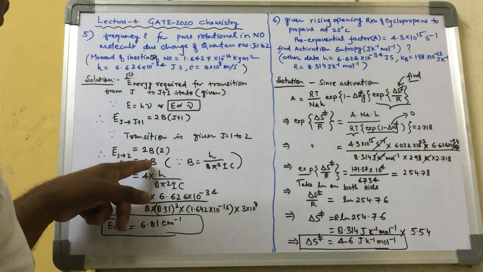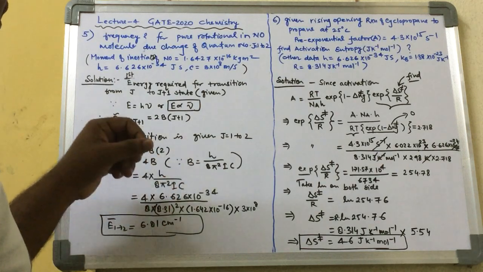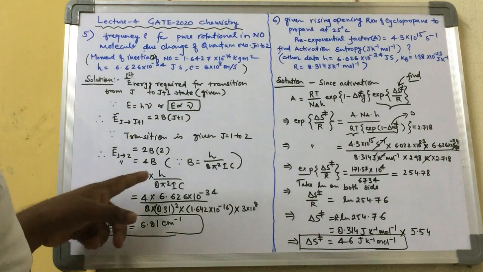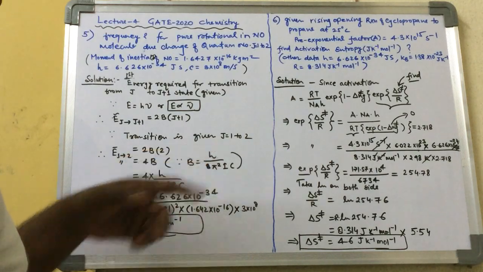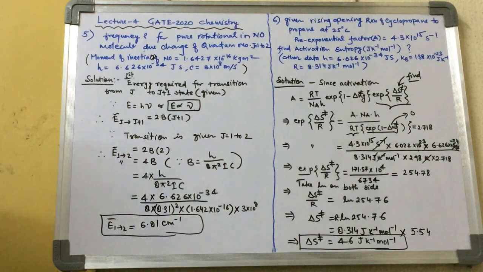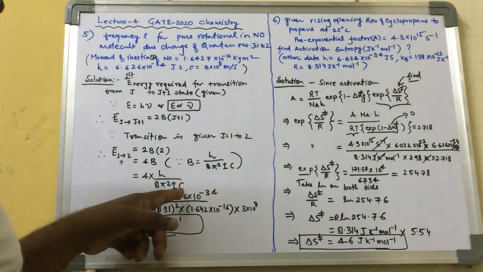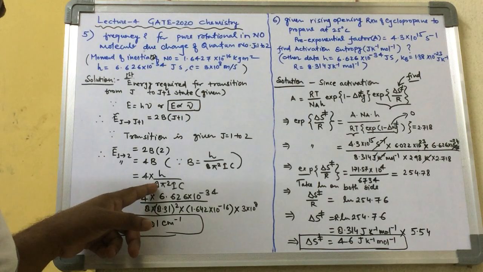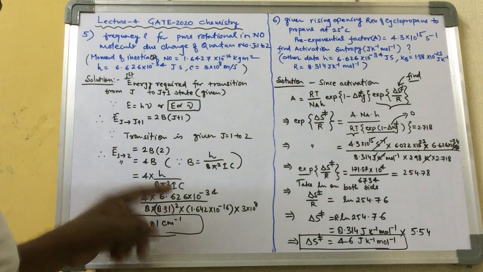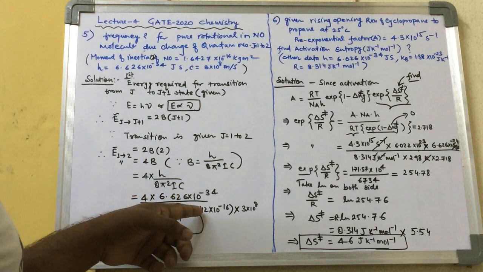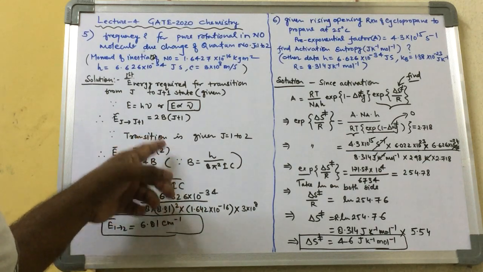So 4 into B, where B is the value h upon 8 pi square IC. So these are the given constant values. After putting all these values, h is Planck constant and pi is 22/7, here whole square, and this moment of inertia.